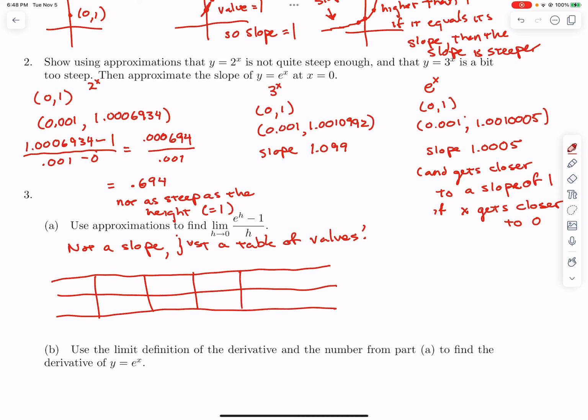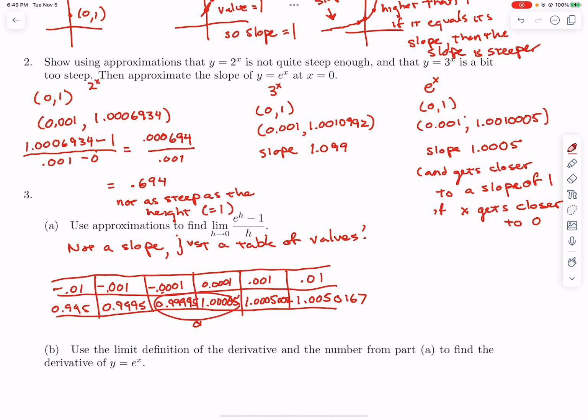If I go close to 0 by going 0.01, 0167. Okay, and if I get close to 0 on the left-hand side, the height is approximately 1.